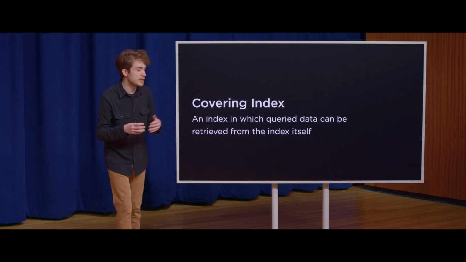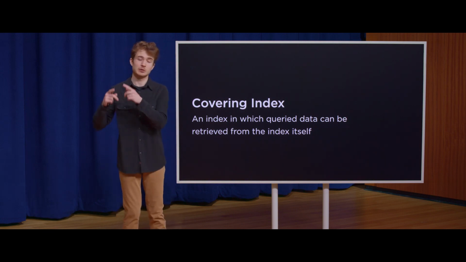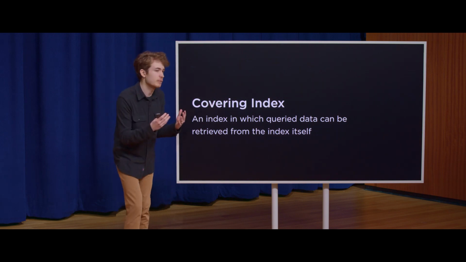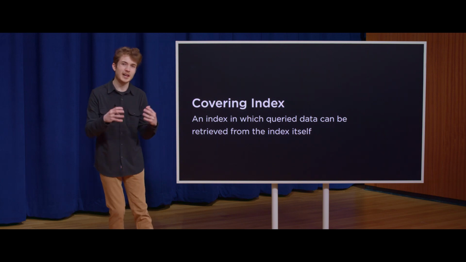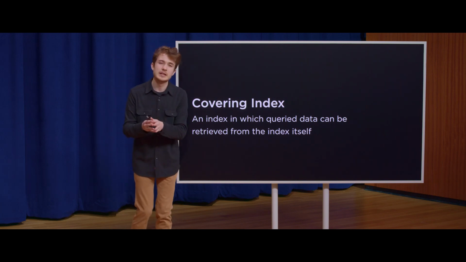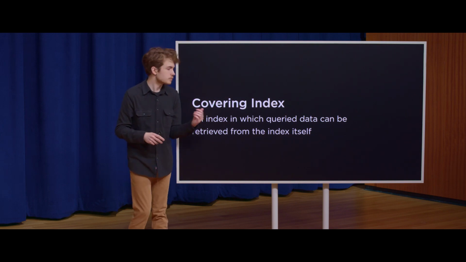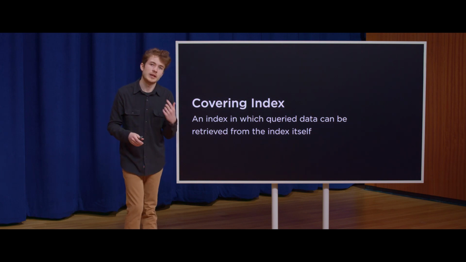And this is good because if I need to not just find the items in my index, but then look them up in my table, like that lookup in the table takes some time. So if I instead have a covering index, one that includes all the data I want to find exactly right there in it, that's going to be faster for me than a regular old index. So let's try then turning one more index into a covering index.